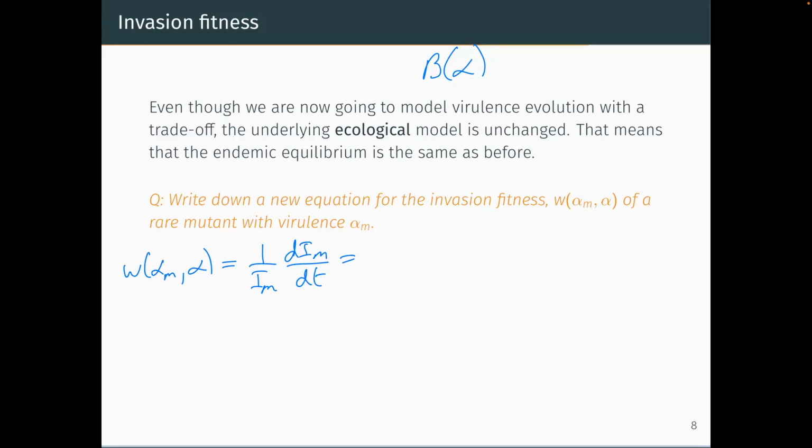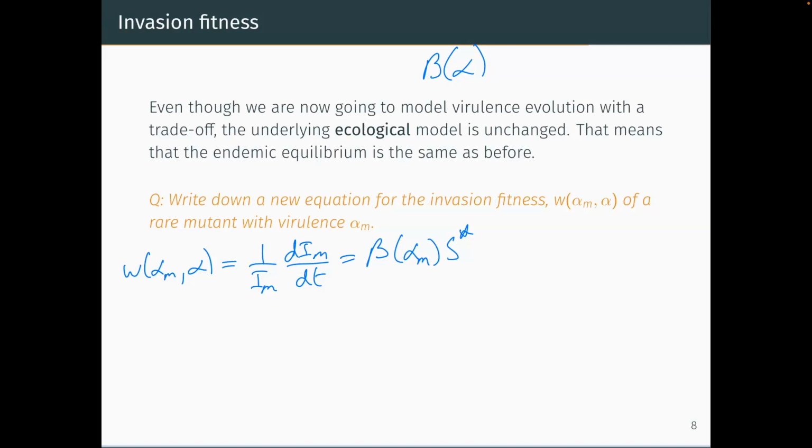Okay, so it's fairly similar to start with. The main difference is that we've got beta of alpha_m times S star, rather than previously where we just had beta times S star. The reason this is alpha_m rather than alpha is because this term is telling us about new infections by our mutant.